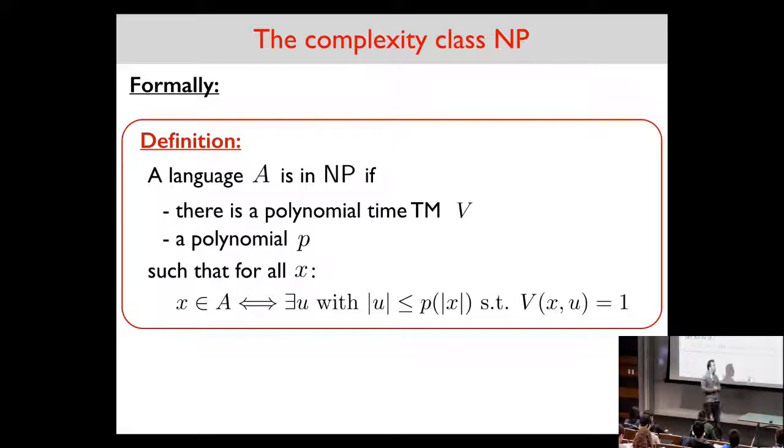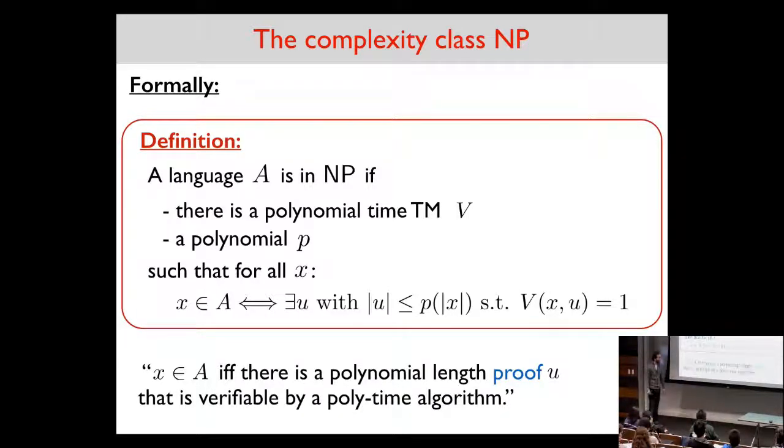There is some polynomial p such that for all possible inputs x, x is in the language if and only if there is some u. u is the proof, some solution of at most polynomial length, that leads the verifier to output yes, 1. The verifier only outputs 0 or 1. It's a decider.